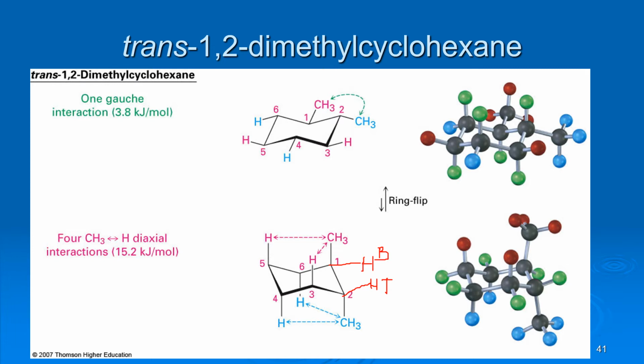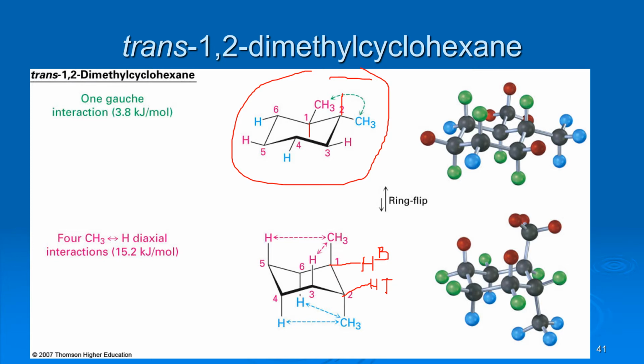Now when we do a ring flip, we end up with this one up here. And now notice, I'm going to draw these in again. This is still the top. The pink one is still a top. It's just that now it's equatorial. And this blue one, if I draw that in, is still a bottom, but it's also equatorial.